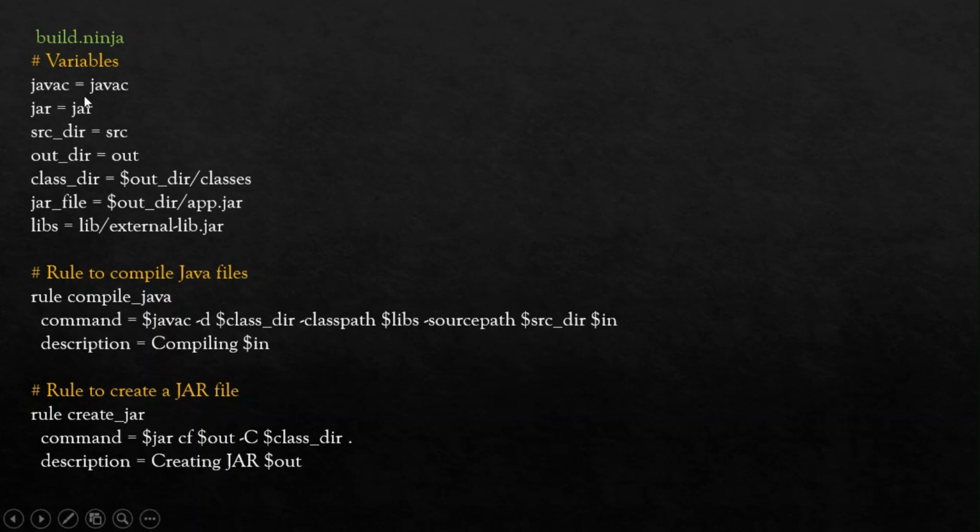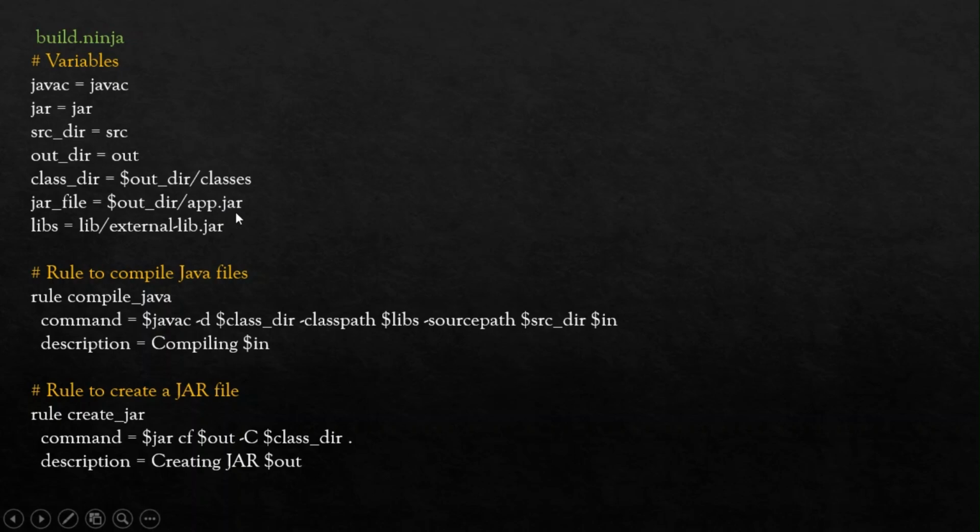So these are the variables which I'm declaring: javac, which is nothing but the java compiler, and whatever source is there, I'm storing in the variable called source directory. My output files I'm storing in the out directory variable, and all the compiled classes I'm storing in a class directory.